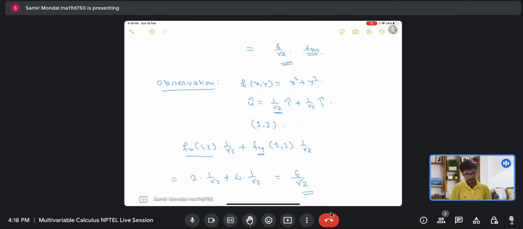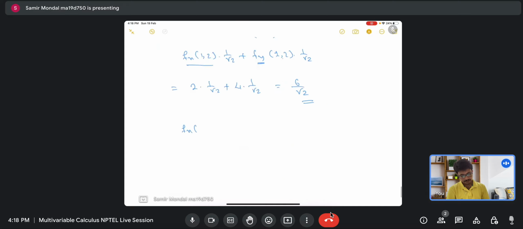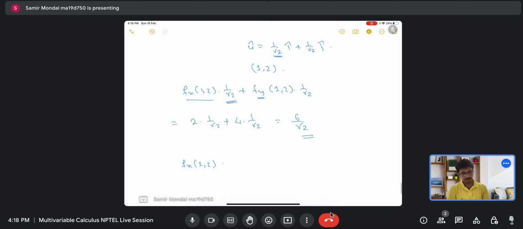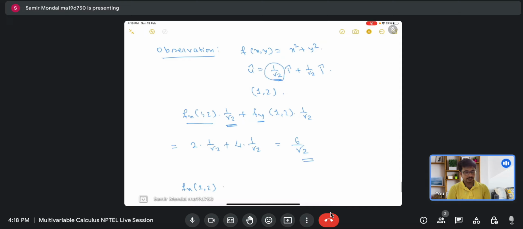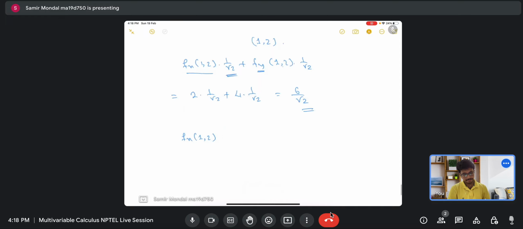So one can rewrite this as f_x at (1, 2) into a plus f_y at (1, 2) into b.